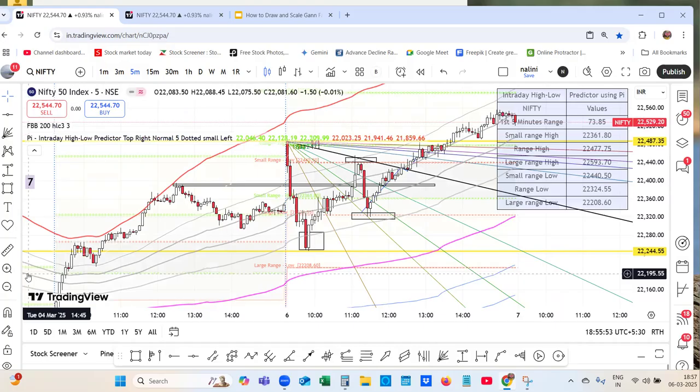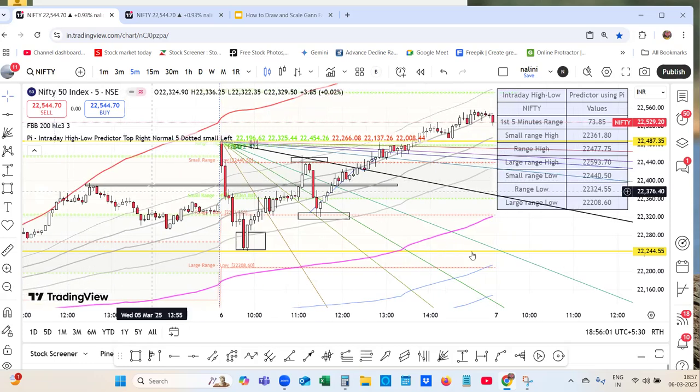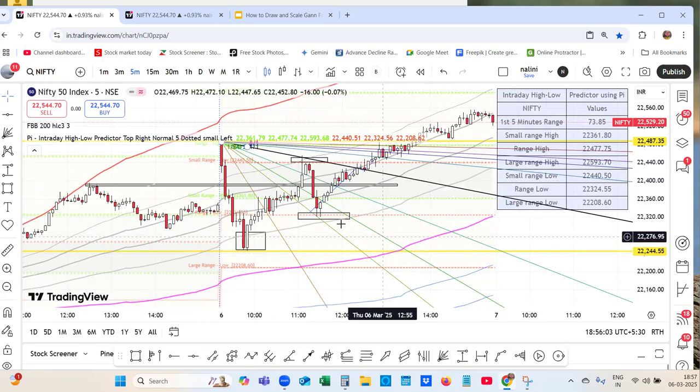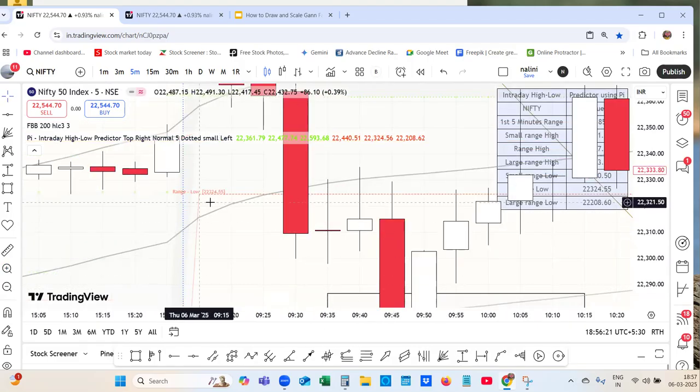And if I enable the intraday high-low predictor, that is by the calculation of pi values. Pi values were giving you the exact level of support corresponding to the angle. You can see there a small range low, it was giving 22,324. Let me zoom it out.